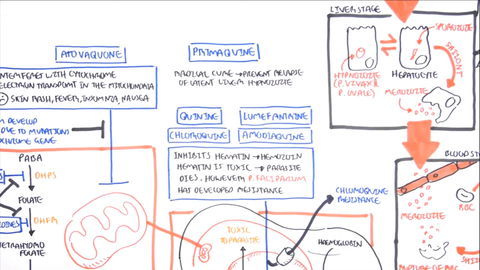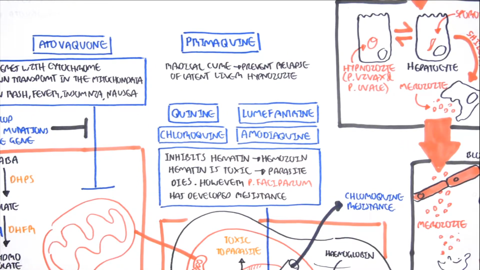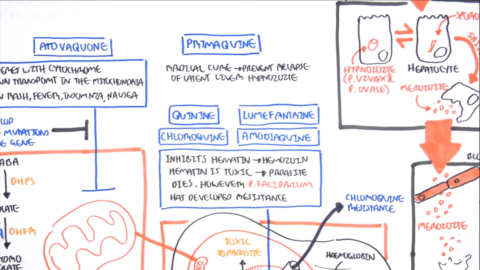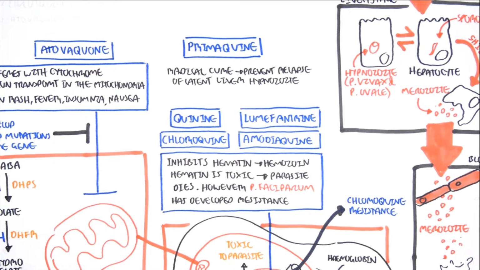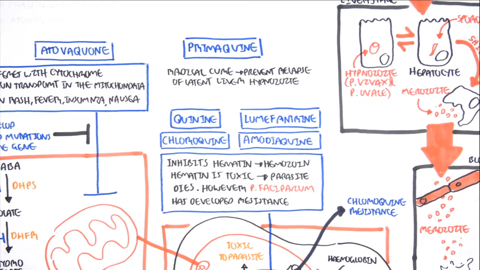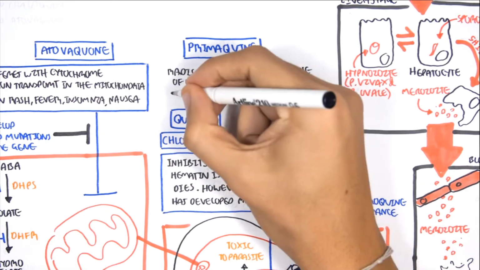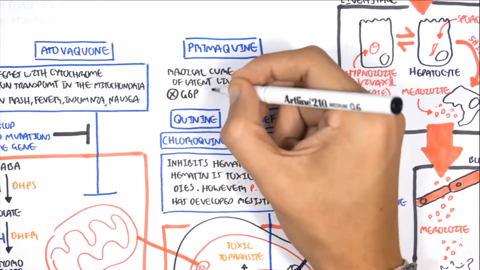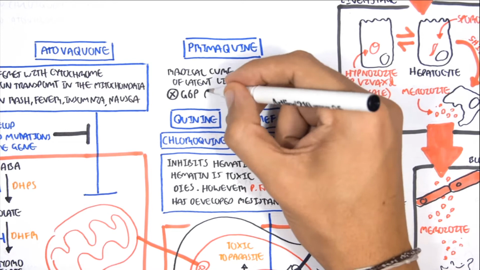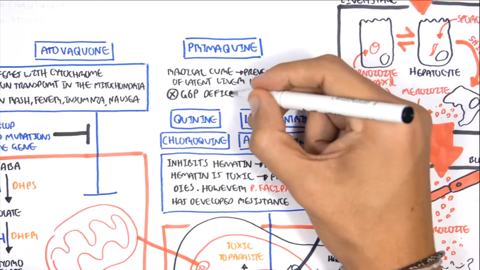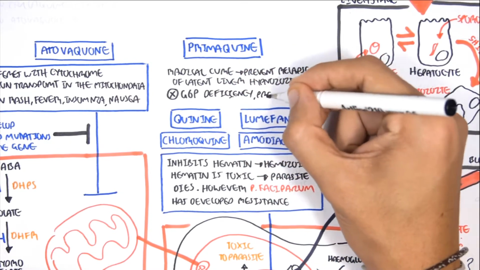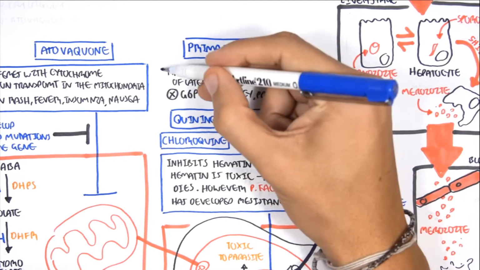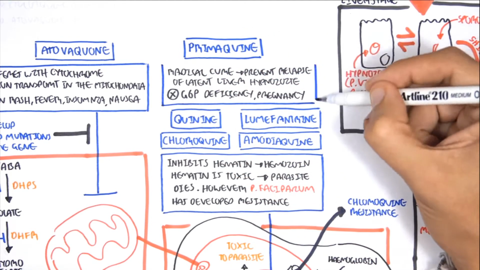So it targets Plasmodium ovale and vivax, because these are the Plasmodium strains that can become dormant. Now, primaquine is contraindicated in people who have glucose-6-phosphate dehydrogenase deficiency because it can cause hemolytic problems. And it is also contraindicated in pregnancy, like many other drugs are.